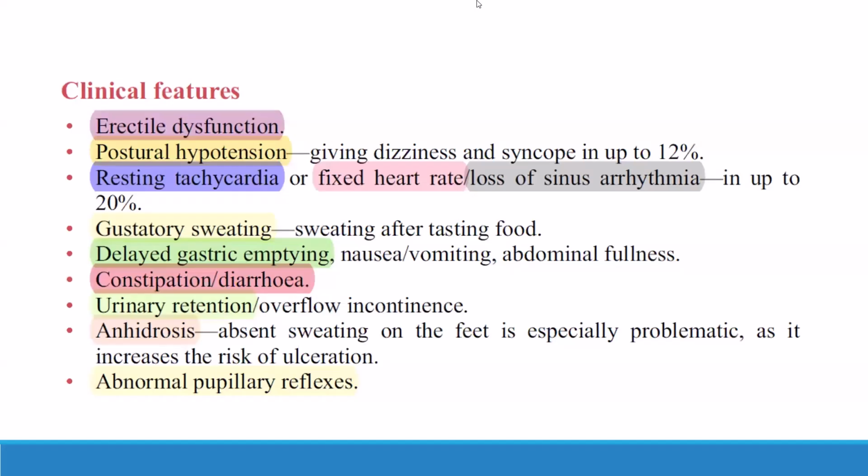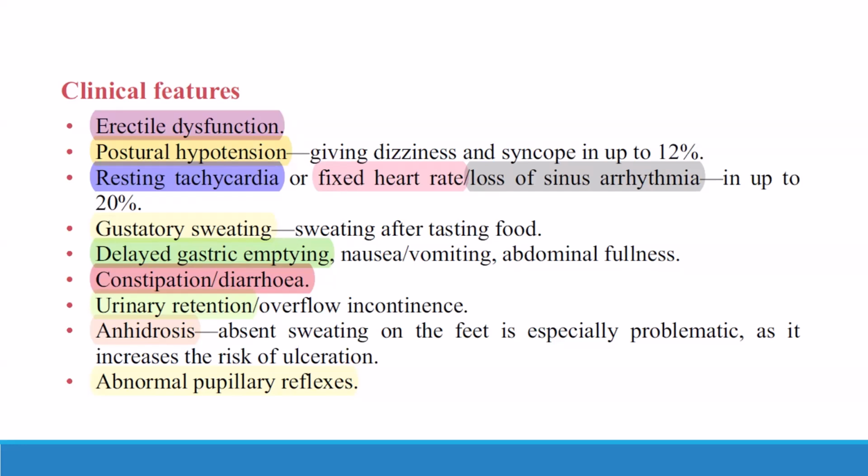Autonomic neuropathy may present with erectile dysfunction, postural hypotension, resting tachycardia, in which the patient presents with fixed heart rate or loss of sinus arrhythmia in up to 20%, and gustatory sweating, in which the patient has face sweating after tasting some specific food.